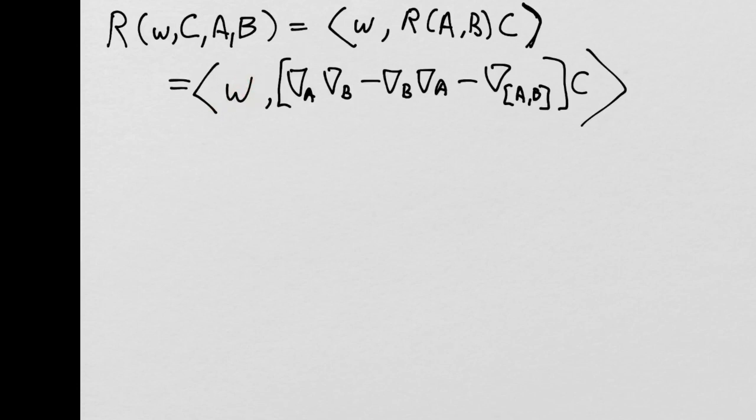Now, the next thing we're going to consider is that we're going to leave this omega out of it. We're going to leave the omega out and just leave it blank. Which means what we have left is a 1-3 tensor that was given 3 vectors, but no covector. So it is an object waiting for a covector, and it will give you a real number once it gets a covector.